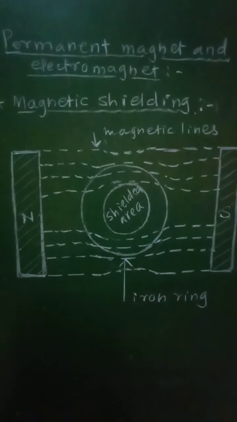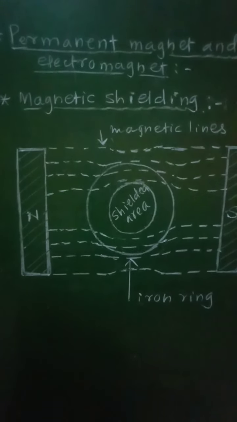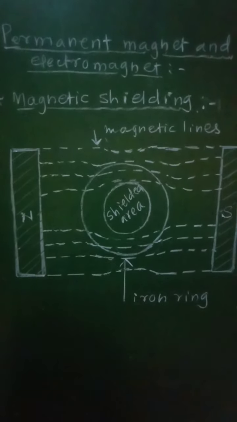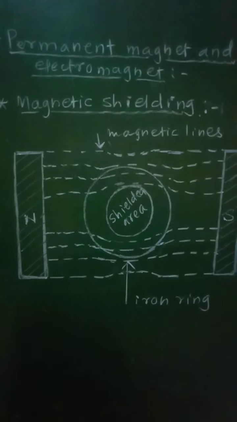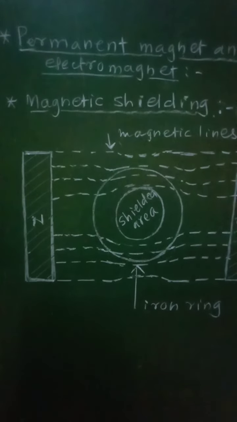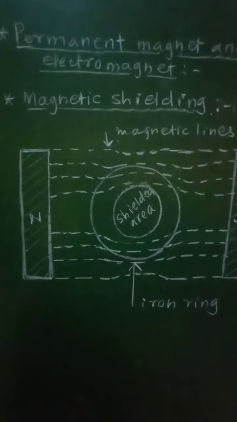When a soft iron magnetic material, that is, a ferromagnetic material, is kept in a uniform magnetic field, a large number of magnetic field lines will be crowded inside the material.